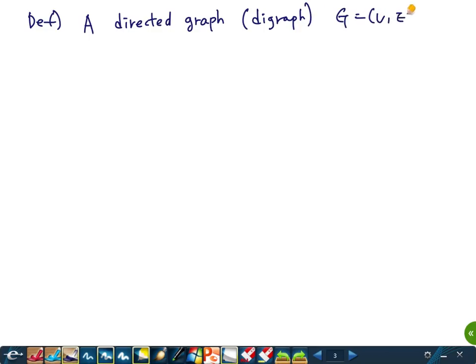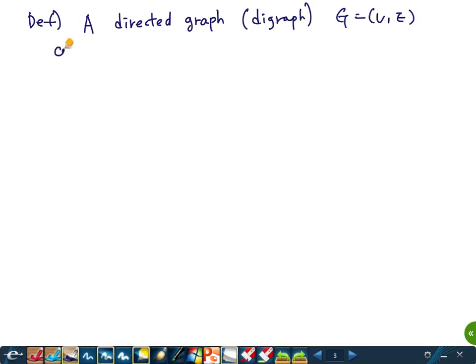Another one, sometimes you want to consider ordered pairs. In that case, we will say directed graph, or simply digraph for short. Again, it's a graph consisting of vertices and edges.